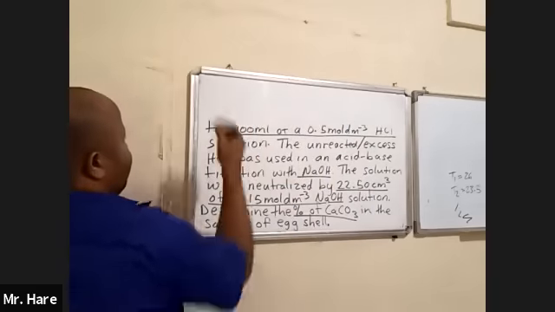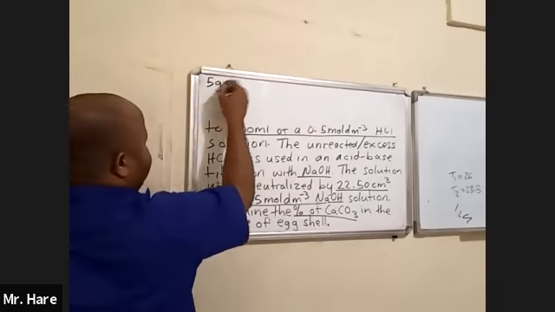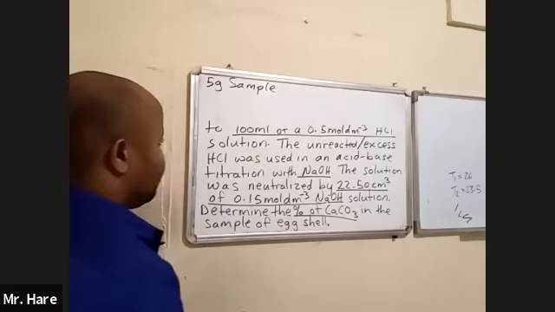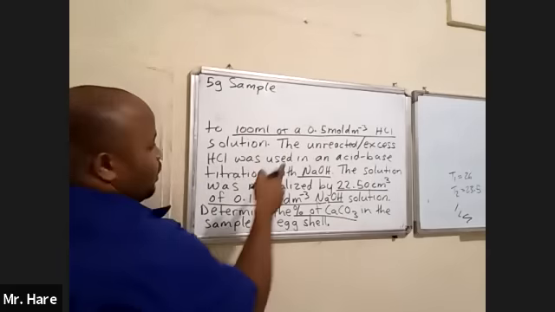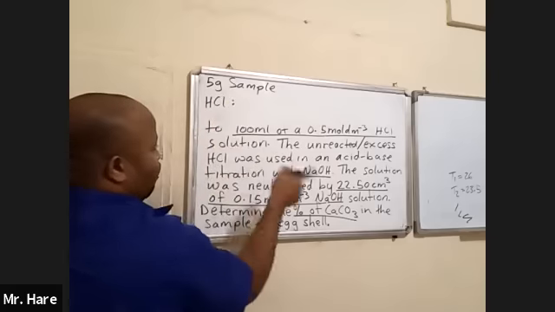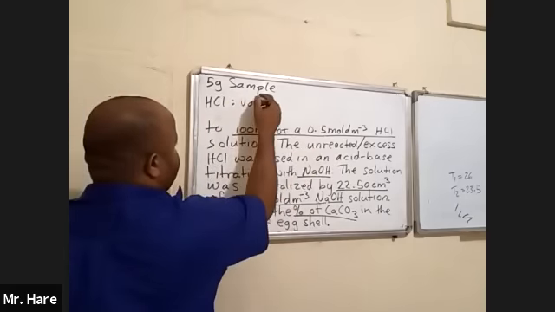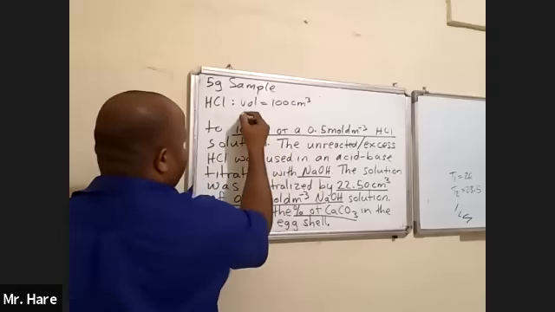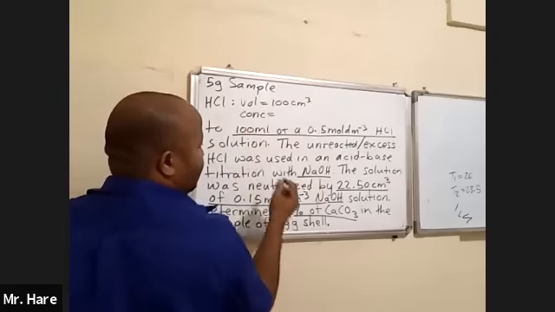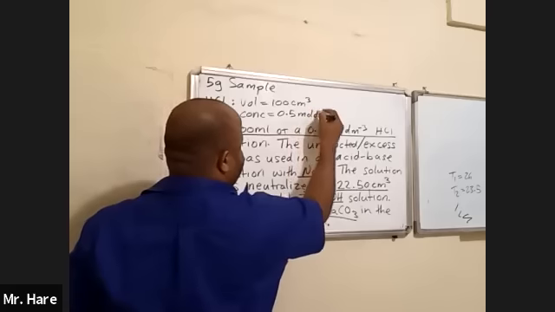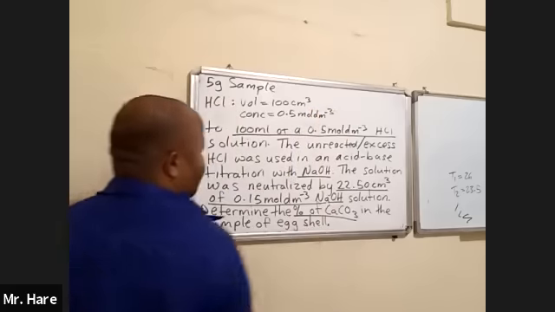We know that we have a 5 gram sample, and we are using HCl. For HCl, we have the volume, which is 100 cm³, and the concentration, which is 0.5 moles per dm³.